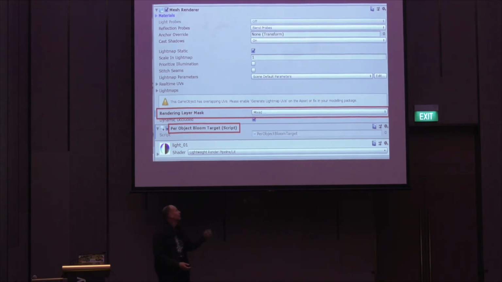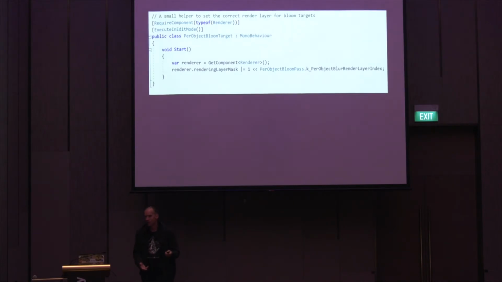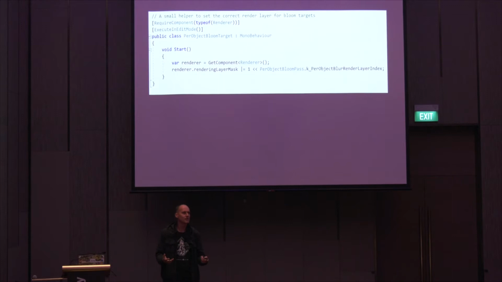So I've created this helper script here, per object bloom target, that just runs and is going to set that number for you. So it just sets that mask. If you're working with this, all you have to do is say, I want that object to have bloom, okay, I'll just drag this script onto it, and it's going to put it on the right rendering layer for you. Okay, so we've marked some objects now that we'd like to render.